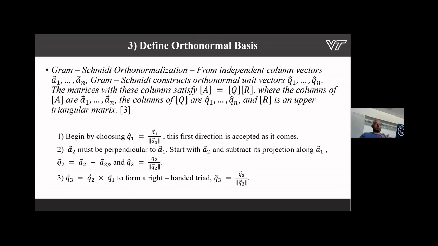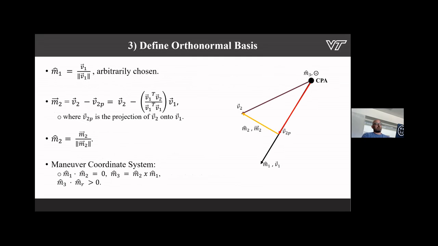So you begin by choosing your first vector, and you accept it as it comes. So in this case, for the 2 satellites, V1 and V2 are your first 2 vectors. So you see here, you just turn the first velocity vector into your unit vector, and then do the Gram-Schmidt process for the second velocity vector.